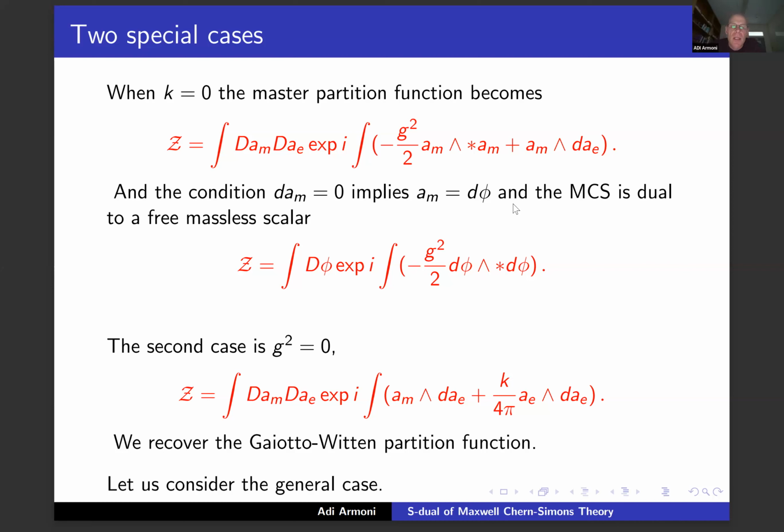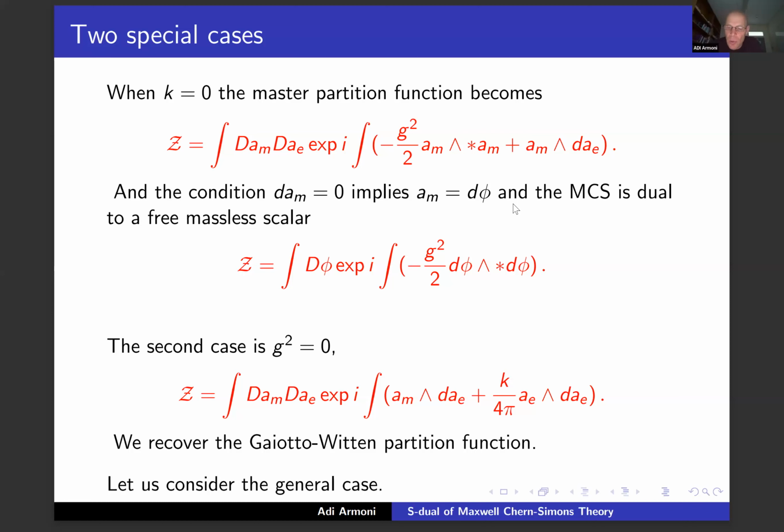And this is exactly the Gaiotto-Witten partition function. So I managed to recover, in two limiting cases, well-known results: the dual of Maxwell theory without Chern-Simons and the dual of Chern-Simons without Maxwell. So it makes sense, at least the two limiting cases work.